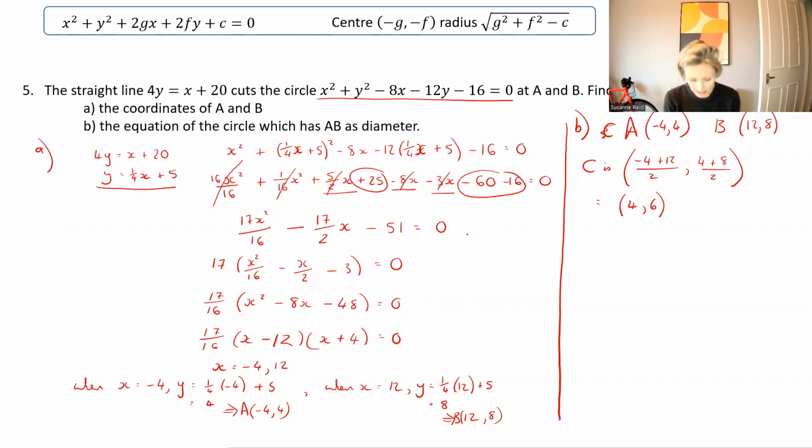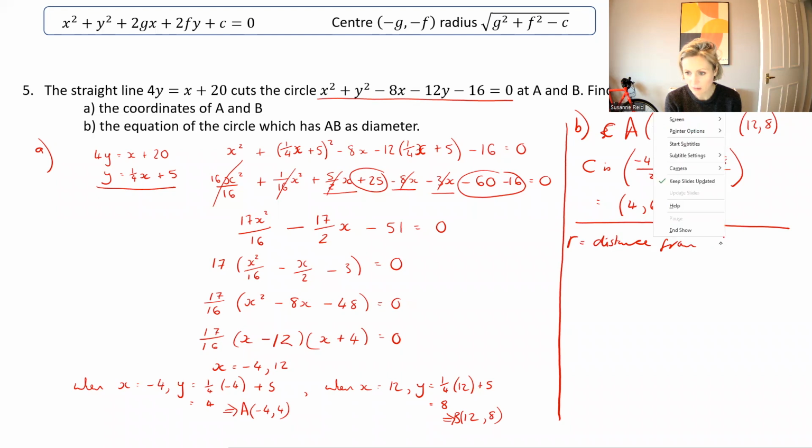It's up to you. So I'm going to do C and B. So the radius equals the distance from my point C, which is 4, 6, to B. I'm only doing B because it's not got a negative. I don't know why I picked it.